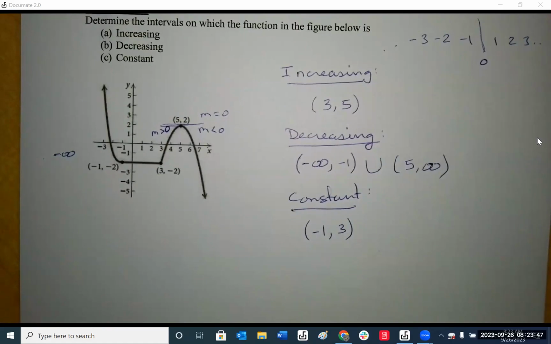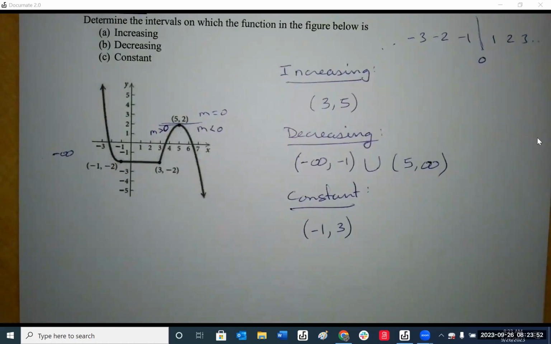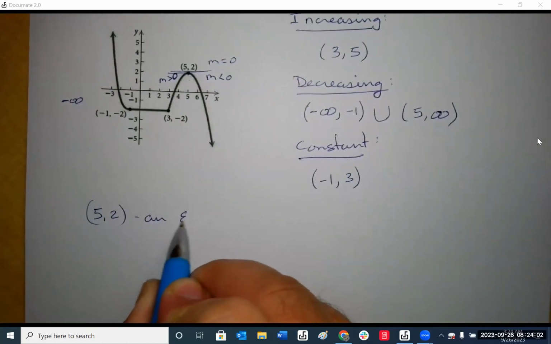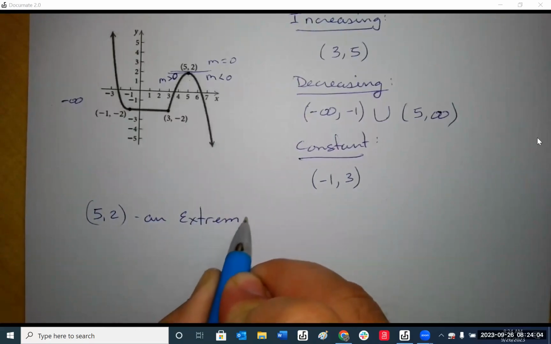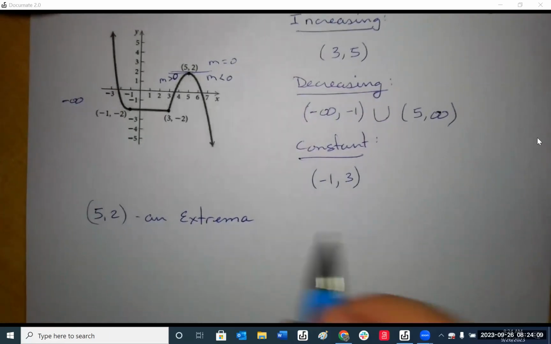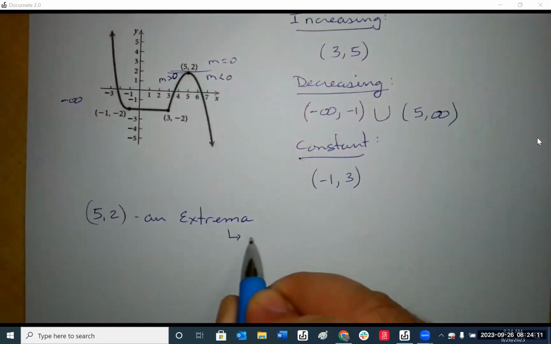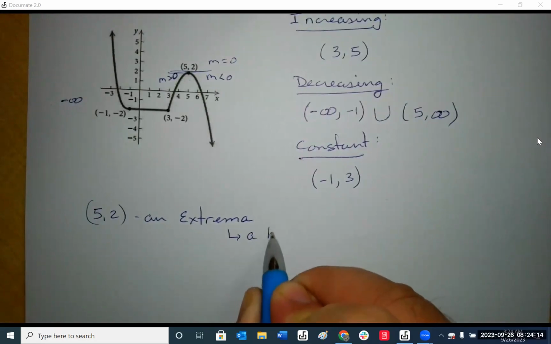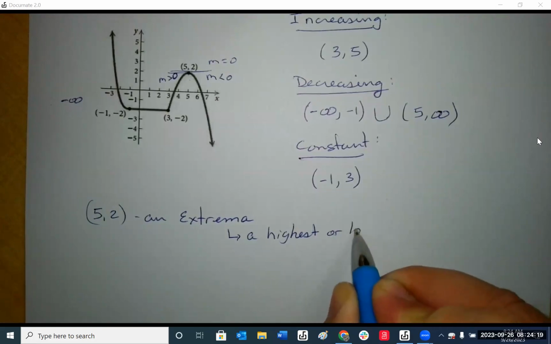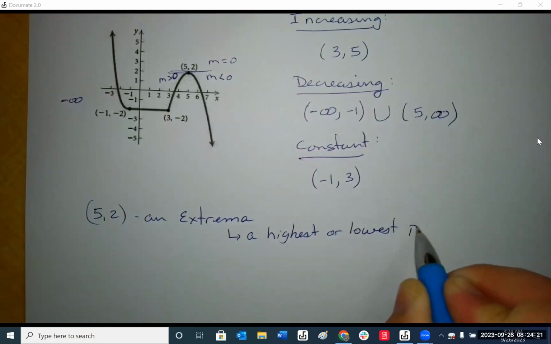I'm going to spill the beans here also. Look at 5,2. We call 5,2 an extrema. An extrema is a highest or lowest point.